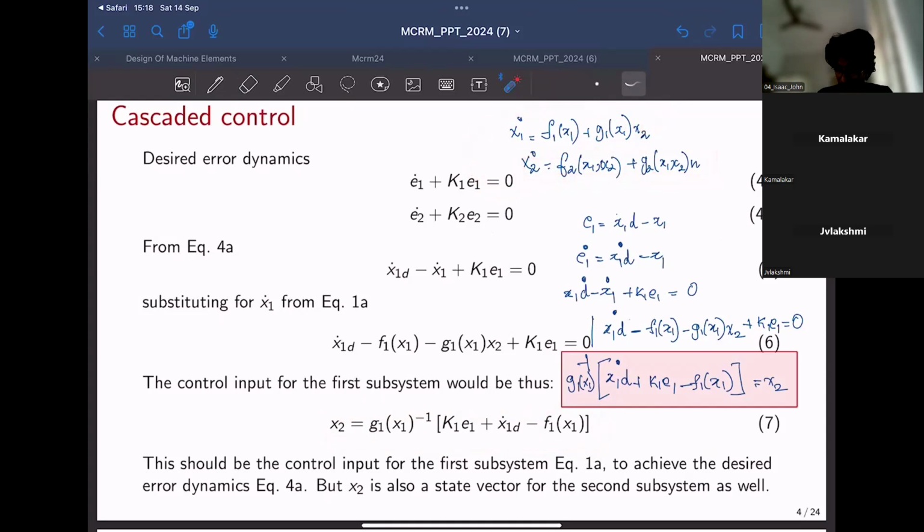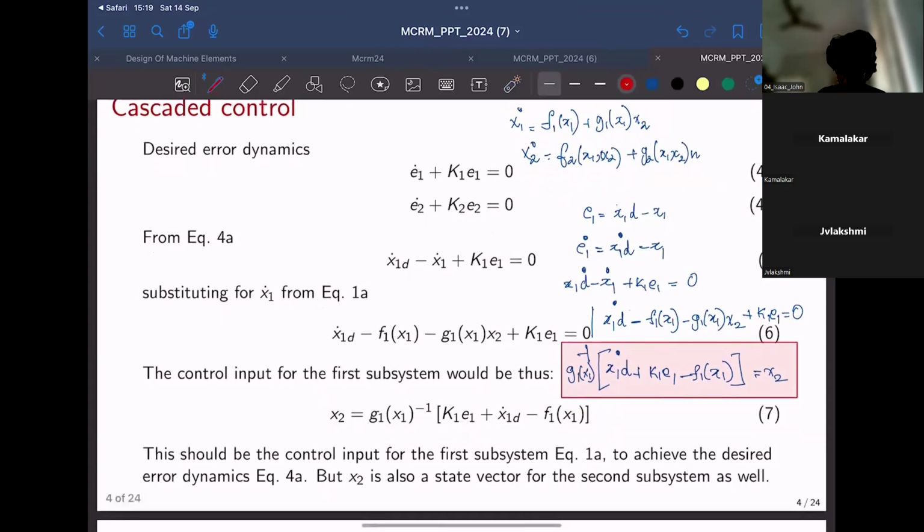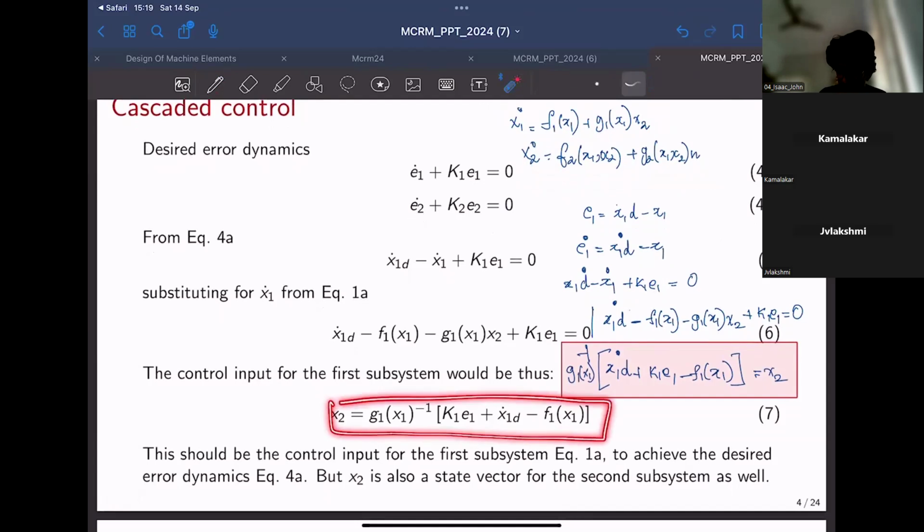It necessarily need not be as per this law. So what can you do? Because x2 can only be played by this dynamics, not as per our wish, not as per how we want x2 to be. So just for the time being, I'll label this term as x2 desired.